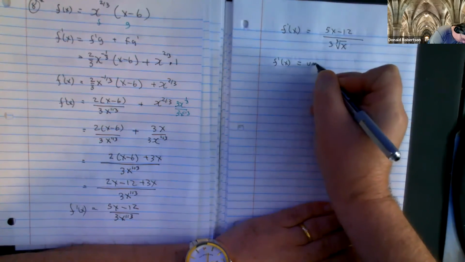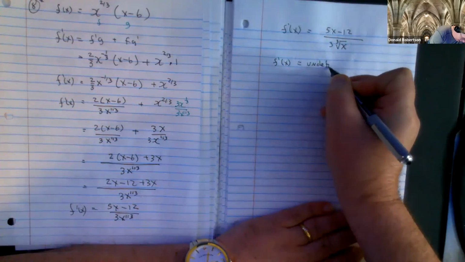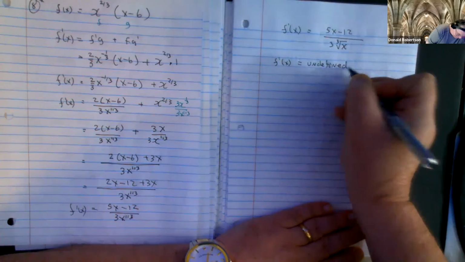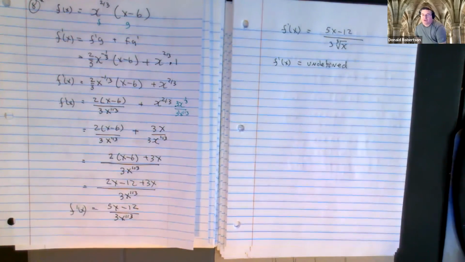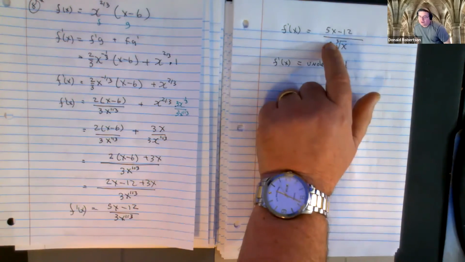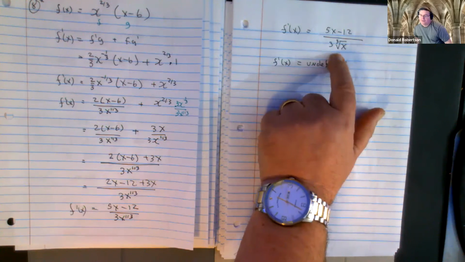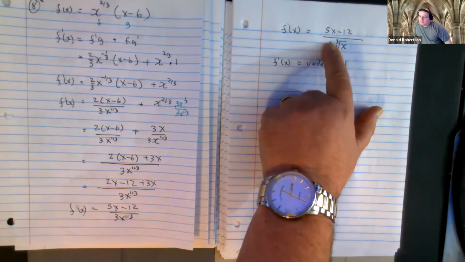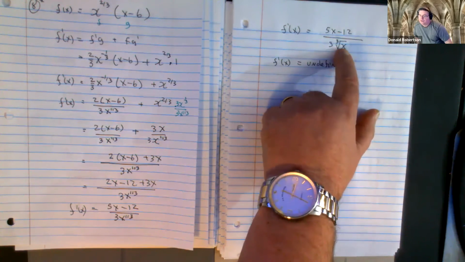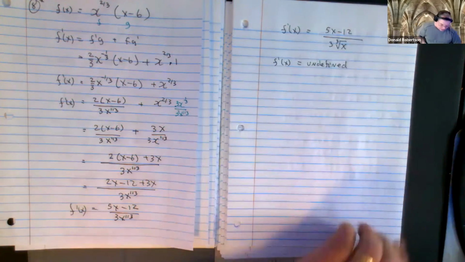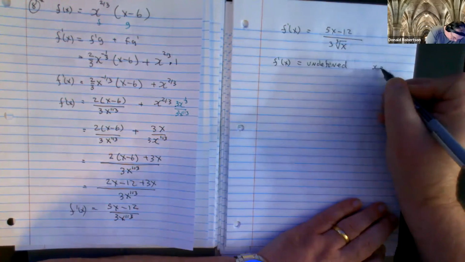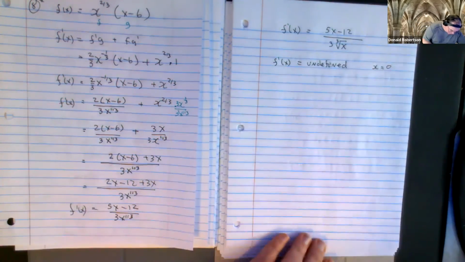Let's go hunting for when this function is undefined, because those are critical numbers. You don't need to do a lot of work now. If you look at this fraction, aren't you going to have undefined when the bottom is 0? And would you agree that x equals 0 makes the bottom 0? So x equals 0 is one of my critical numbers.